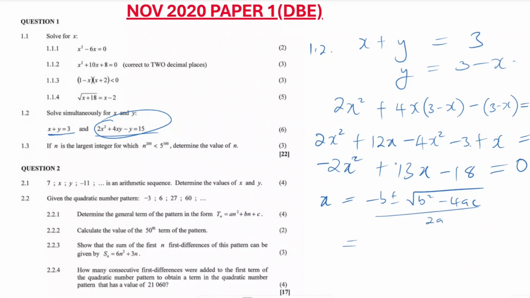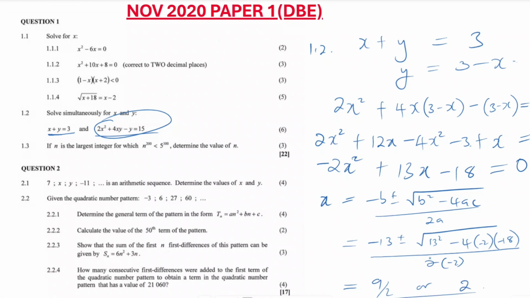Our b is 13, so that's going to be minus 13 plus or minus the square root of b squared, which is 13 squared, minus 4ac. Our a, which is minus 2, then our c, which is minus 18, divided by 2 multiplied by our a, which is minus 2. So let us see our solutions here. The first value of x is 9 over 2 or 2.